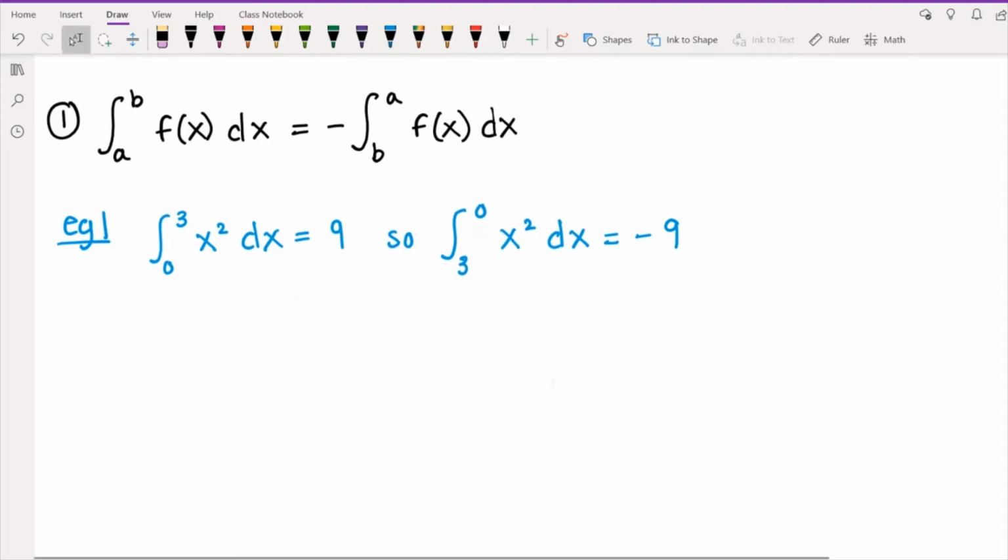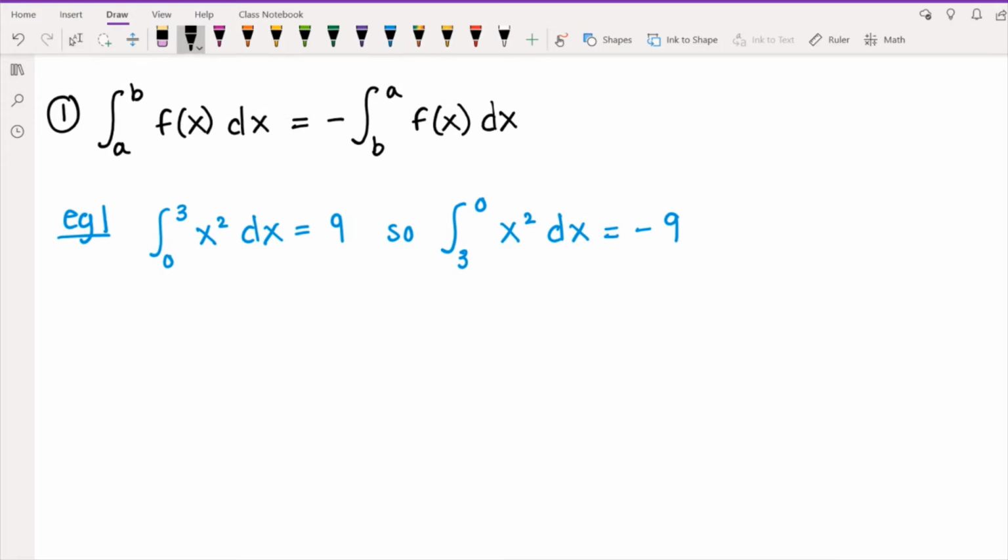Okay, so that's the first one. The second one says that if you're taking the integral from a to a, so from a number to itself, of a function, that integral is always going to be equal to 0. So why is that?